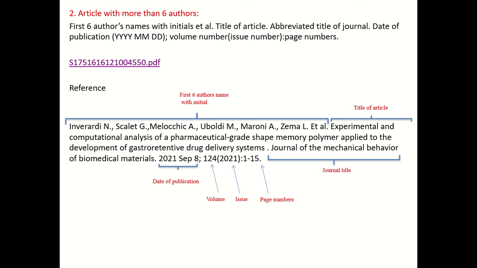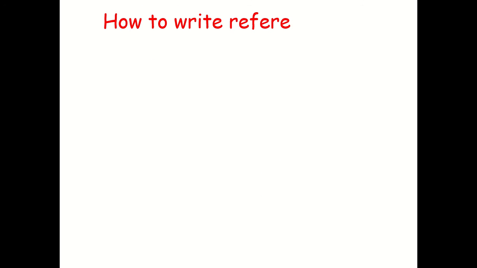So in this way you will have to write the reference for a journal. If you have taken an article from the internet, then as I told you, you will just have to write the DOI or the URL at the end of the reference. The whole pattern will remain the same, but you will have to write at the end the URL or the DOI for the reference.